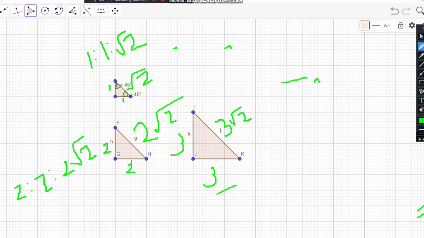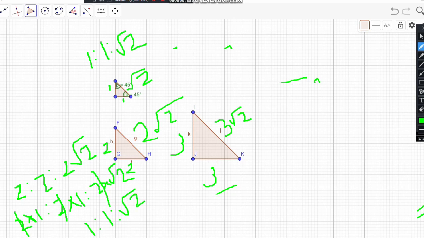This is 2 into 1, this one is also 2 into 1, and this is 2 into root 2. So let us cancel the common 2 from all the 3 terms. Then the simplest form of the ratio is 1 is to 1 is to root 2.